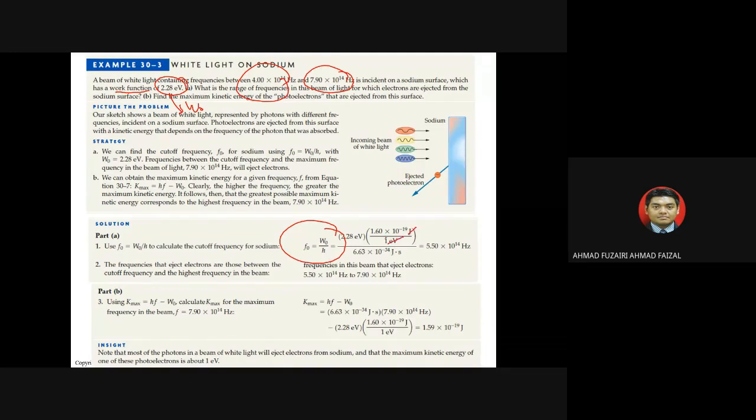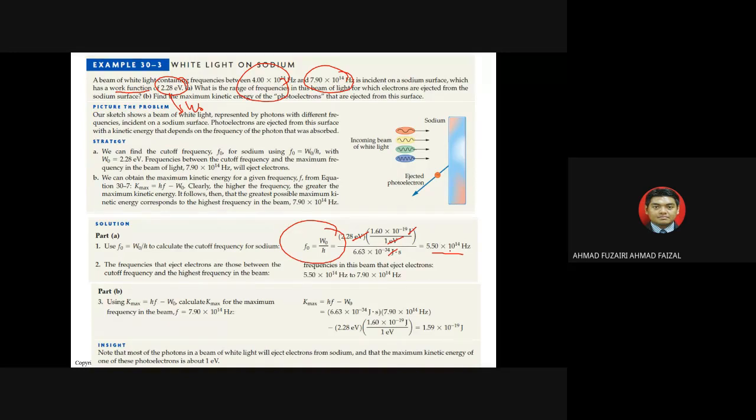So electron volt and electron volt, you cancel out; joule and joule, you cancel out. In the end, 2.28 times 1.6 times 10 to the power of negative 19 divided by 6.63 times 10 to the power of negative 34, and you will get 5.5 times 10 to the power of 14 hertz.